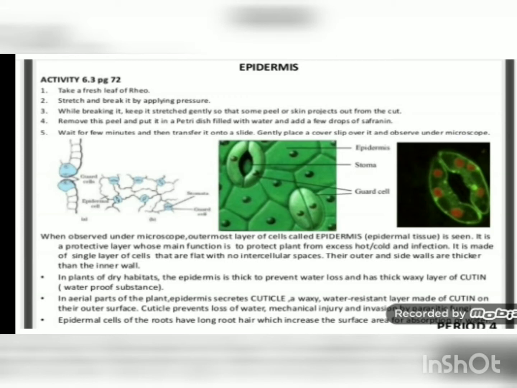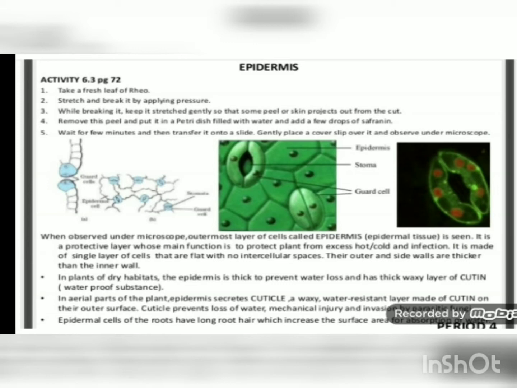In aerial parts of the plant, epidermis secretes cuticle, a waxy water-resistant layer made up of cutin, on their outer surface. This cuticle prevents loss of water. It protects the plant from mechanical injury and also from the invasion by parasitic fungi.